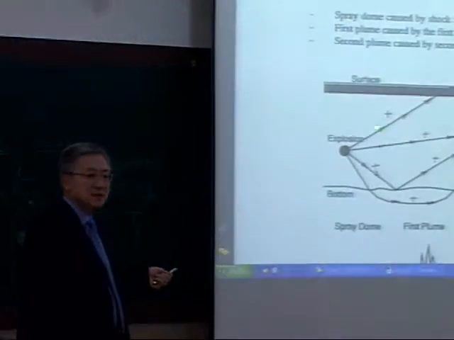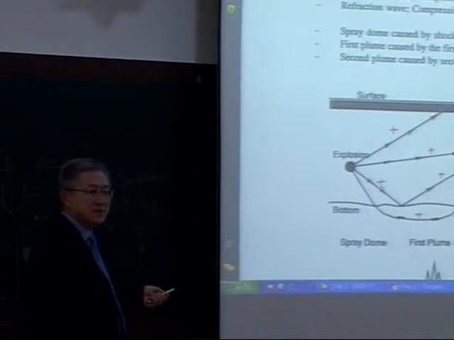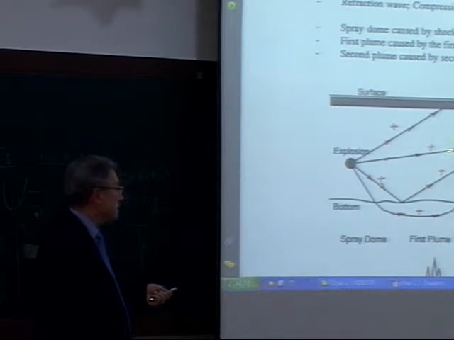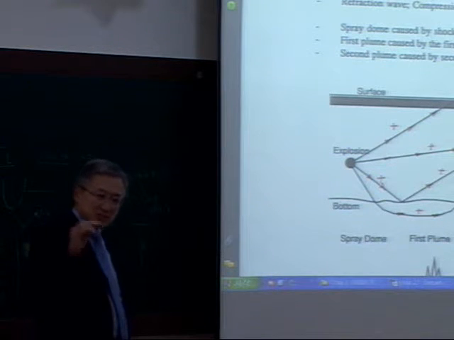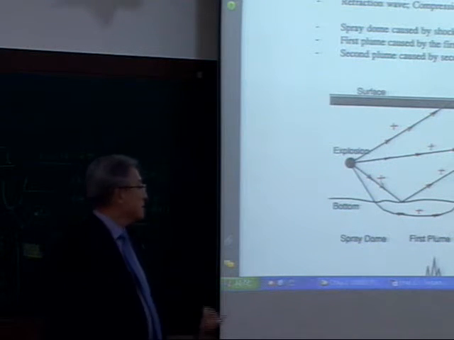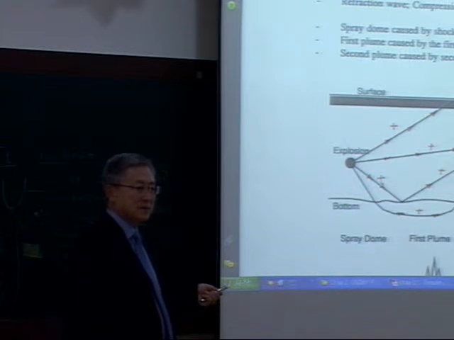Plus means what? Compressive wave, right? Negative is a tension wave. This incident shock wave is a tension wave. Compression, compression, compression, compression. Everything else is compression except the tension wave right there.